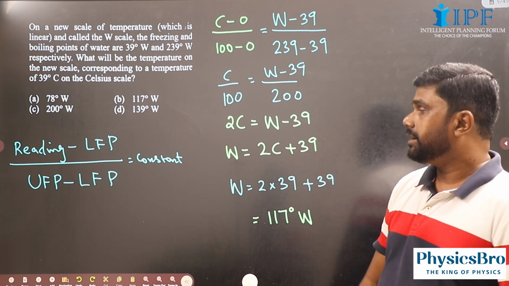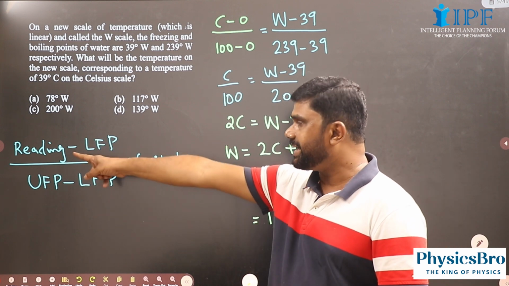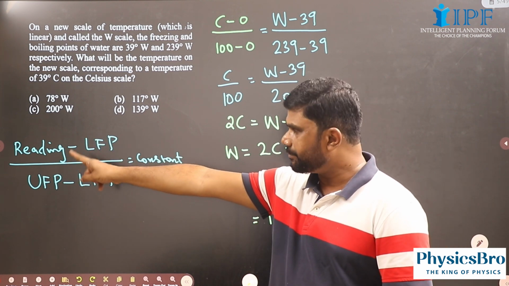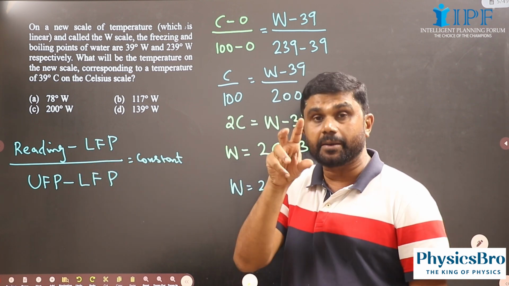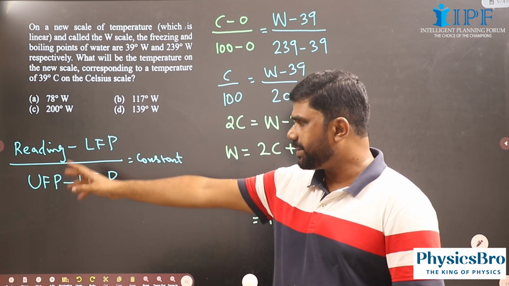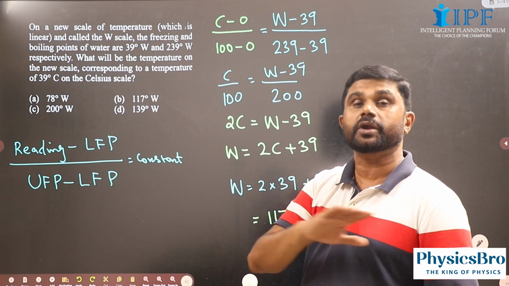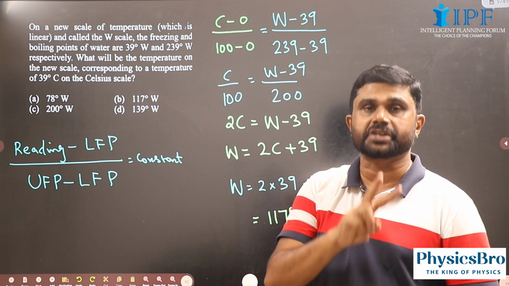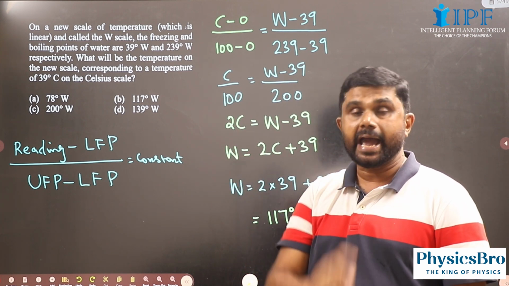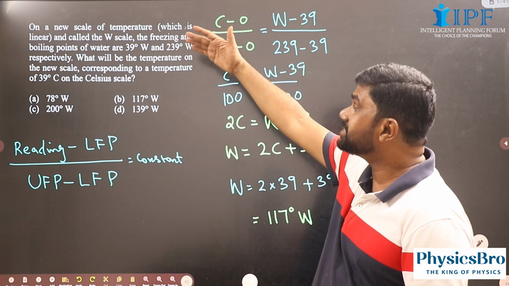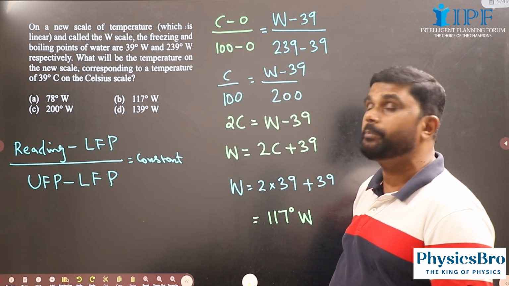Okay, see, for any temperature scale, reading minus lower fixed point of that particular scale divided by upper fixed point minus lower fixed point will be constant for any scale. Here we have two scales. One is the Celsius scale and the other is an arbitrary scale, called the W scale.